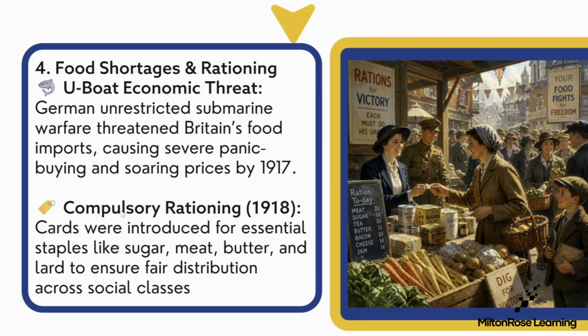So initially Britain brought in, as we normally do, half measures. They brought in a kind of voluntary food scheme. The public didn't want to know anything about that, to be honest. So by 1918 there's compulsory rationing, as you can see in the picture. Ration cards were introduced for essential staples like sugar, meat, butter, which we all take for granted now, obviously, and lard, to ensure fair distribution across social classes.